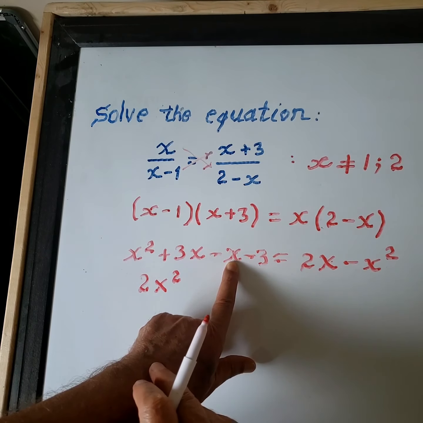This is the square of square root of 2 times x, all squared, and this is the square of square root of 3.